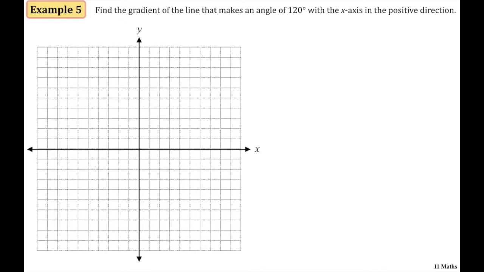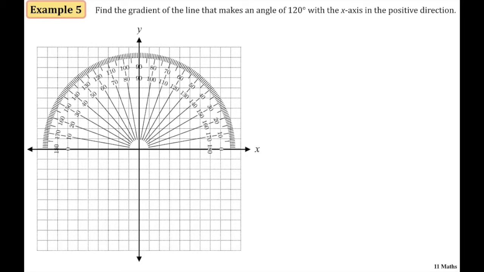Now, for example number 5, let's have a look at what's going on. Find the gradient of a line that makes an angle of 120 degrees with the x-axis in the positive direction. So, let's have a look at that and see what actually happens. We get a protractor put onto our picture so that we can actually measure 120 degrees.